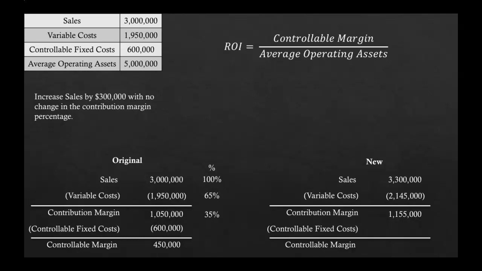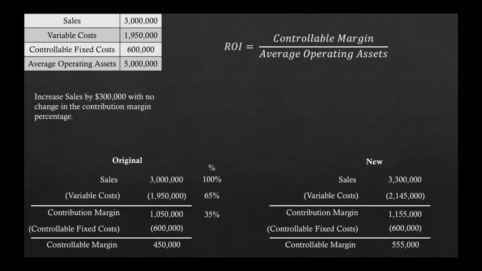Now, this alternative doesn't mention anything about controllable fixed costs, right? So that's still going to be 600,000. So if we take our new contribution margin, and we subtract out the controllable fixed costs that we have, our controllable margin is now $555,000.